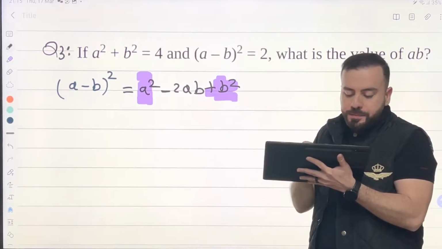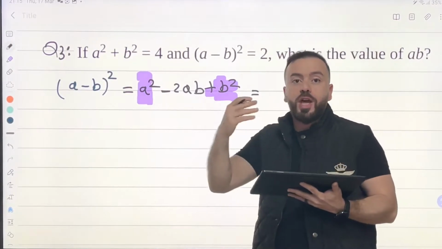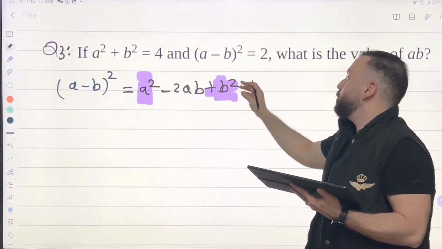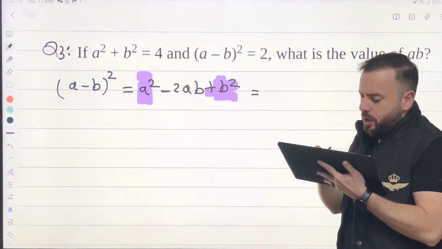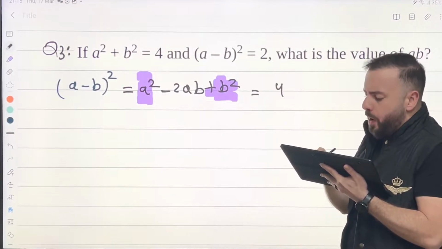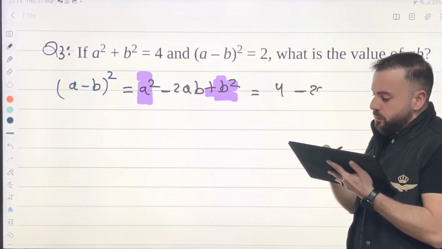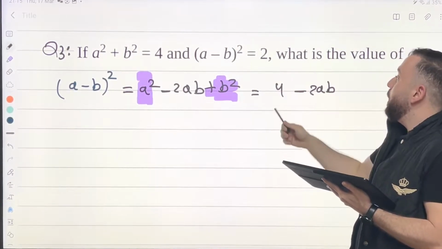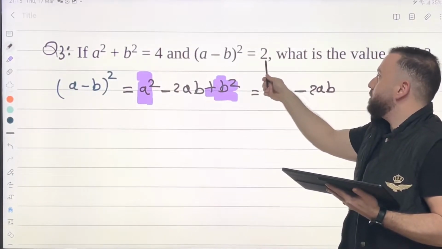So I replace the a squared plus b squared with 4, and it's going to be 4 minus 2ab.